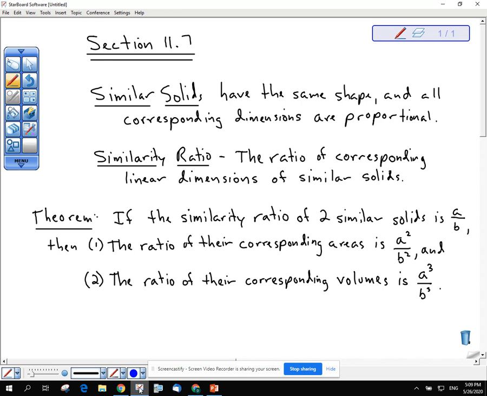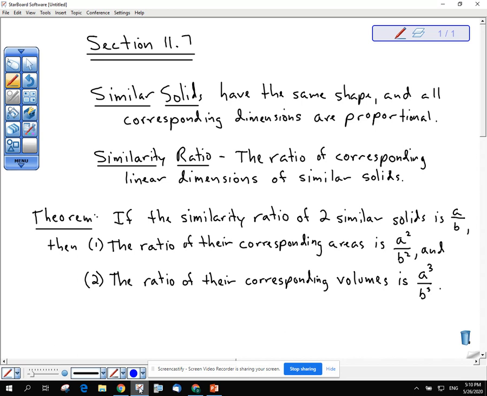So for example, if the similarity ratio, we're about to use that word, is 50 to 1, big car to little car, big car to the model, the bumper on the big car would be 50 times longer than the bumper on the toy car. The radius of the front left wheel would be 50 times that of the toy, whatever linear dimension you want to compare.